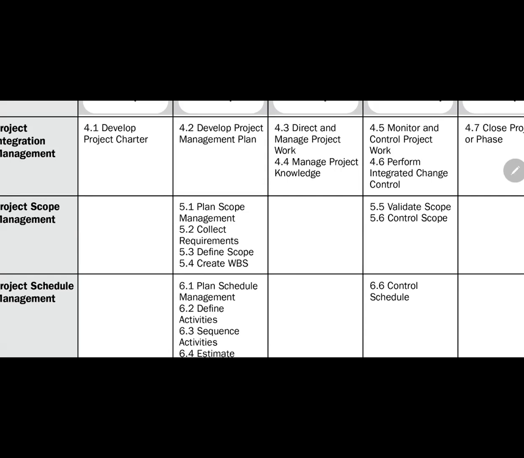Maybe this project has 1,000 requirements. 700 are high priority requirements, then 200 are medium, and 100 are low. So you can eliminate the low. If meeting all those requirements may require a lot of money, time, resources and effort, then you can scope the project by defining which requirements will go into the project.